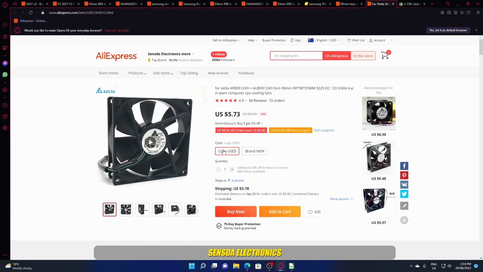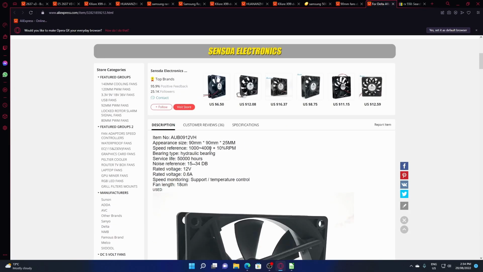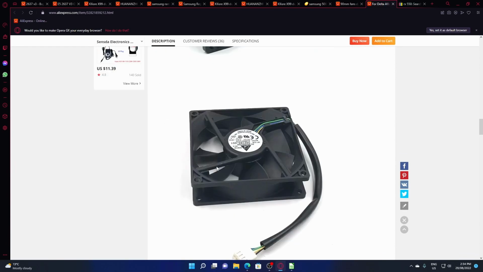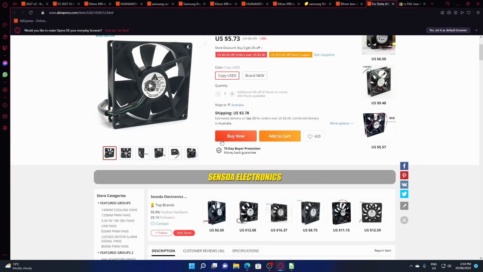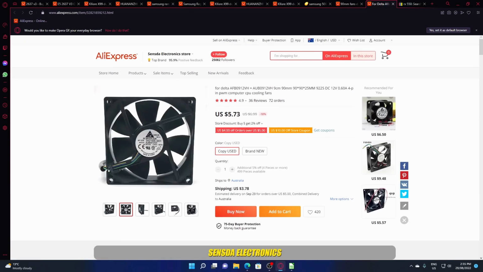I doubt it. You never know. I've only ever seen these at 3,000 RPM. It's not that I'm doubting that I can reach 4,000 RPM, but these are end of life, but they're so cheap. And basically, we're buying these just for the CPU, and we're going to go redundant for each cooler, so we'd want 4.